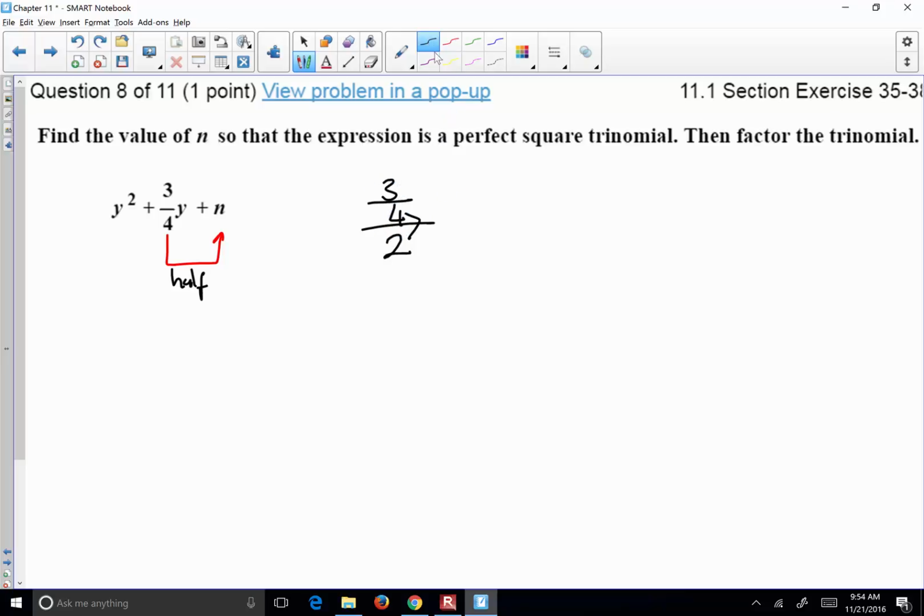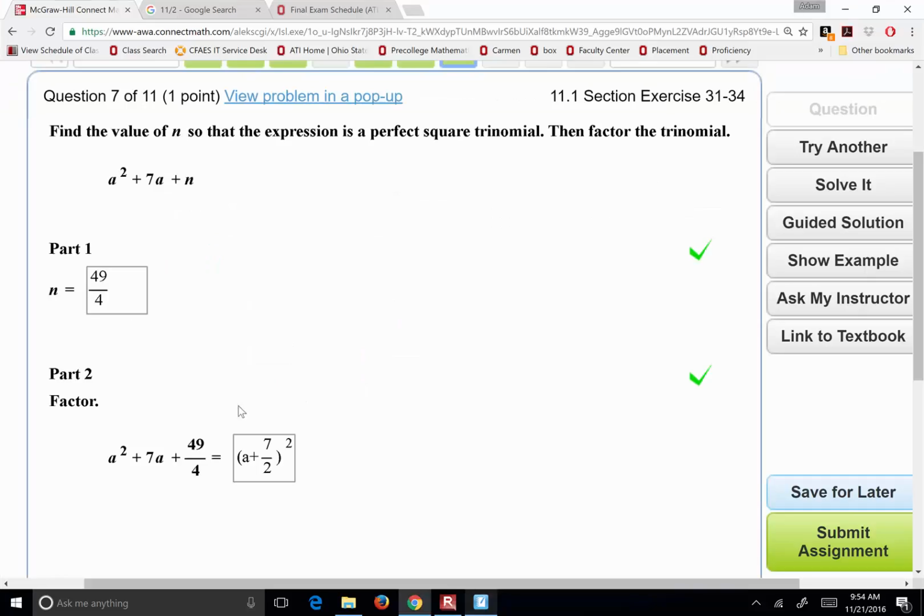So you combine the denominators, 4 times 2 is 8, 3/8. And then we square it. Square 3/8: 9/64. The square of 3 is 9, the square of 8 is 64. That's n.